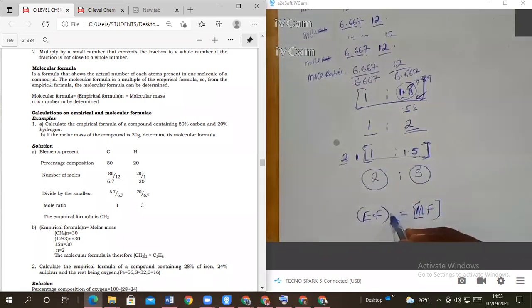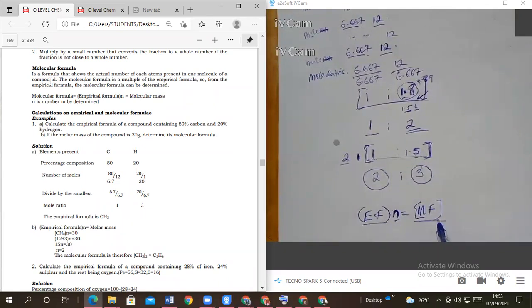You get any number, let's represent that number by n. You can also pick your own letter, maybe x or w, as long as it is a certain number. So that number times the empirical formula will give you the molecular formula, isn't it? Yes.